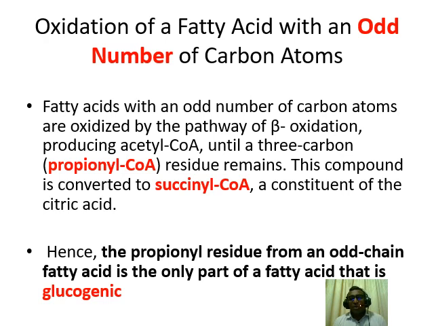No need for you to remember the steps because it's quite complex, but at the end of the day the propionyl CoA will be converted to succinyl CoA, and succinyl CoA is a constituent of the citric acid cycle, therefore it already enters the catabolic pathway. The statement at the bottom of this slide is referring to propionyl CoA entering the gluconeogenesis pathway to make glucose. So from fatty acid, you can convert into glucose.